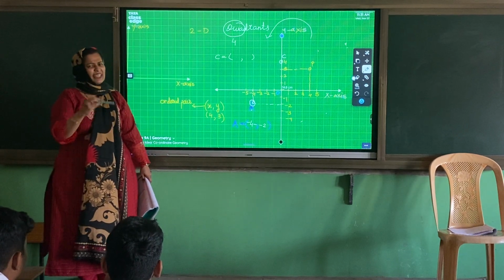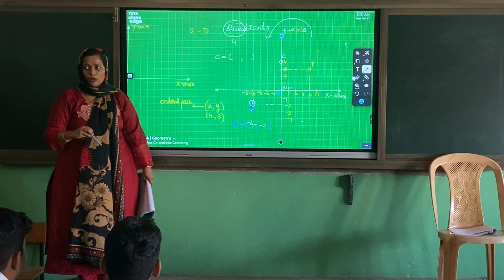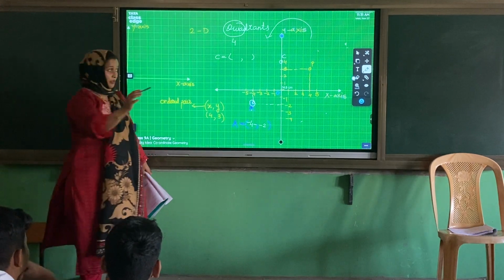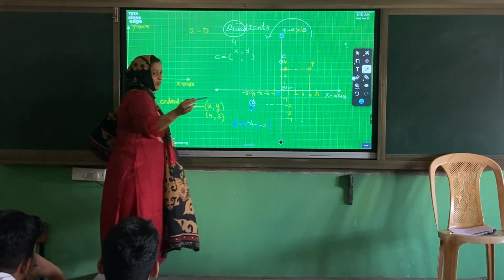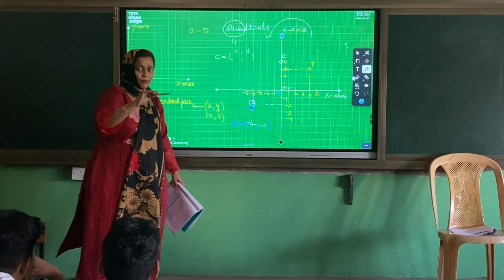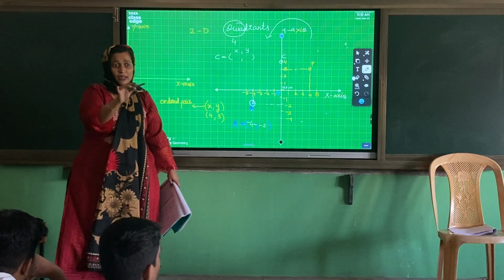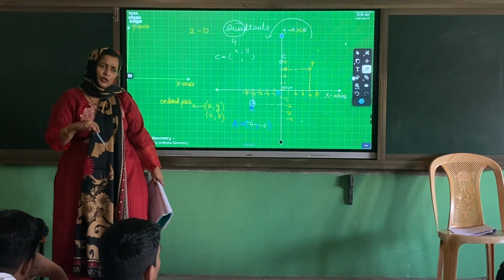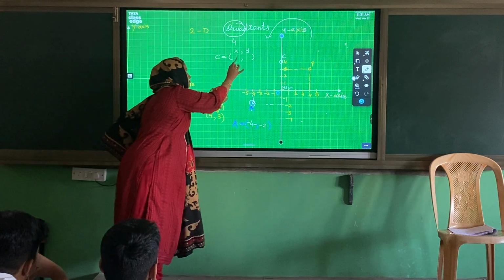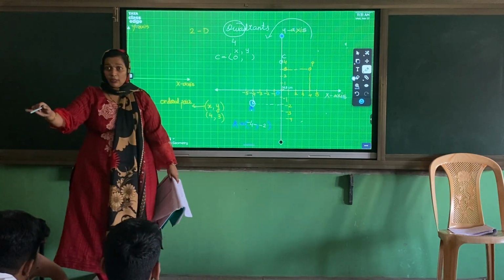Why 0? Because we are working on the y-axis. My dear children, please quickly tell me, anyone. Ibrahim was telling 0, 4. Why 0, 4? Why 0?